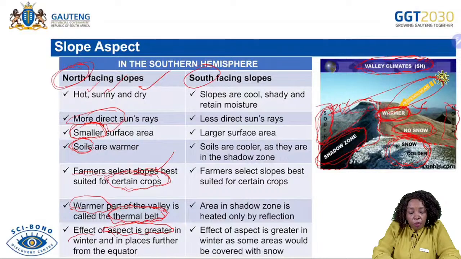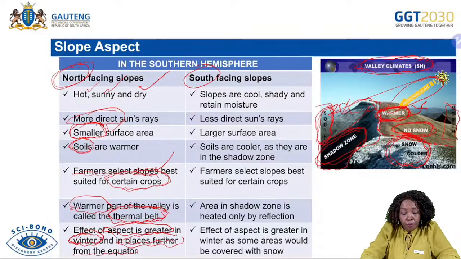The perfect time to really feel the difference of climate within these different slopes would be in winter, and also in places that are further away from the equator, which we can relate to the temperatures that we experience in the further south of South Africa and in certain parts that are north of the country. So that would be with the effect of places that are further away from the equator.